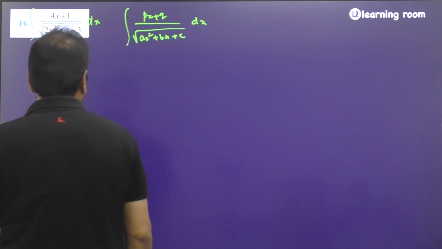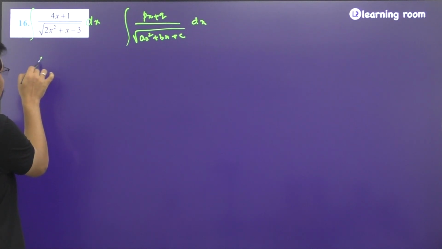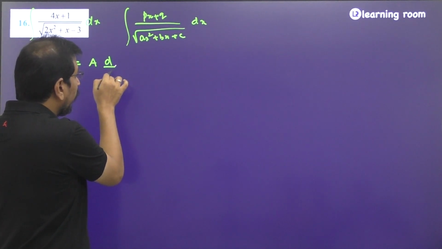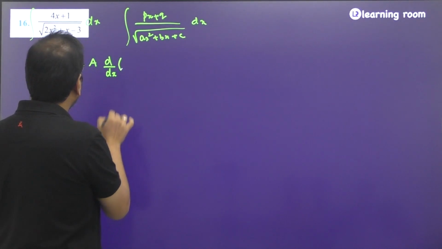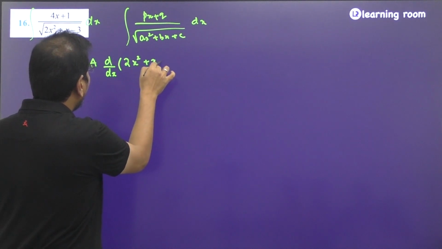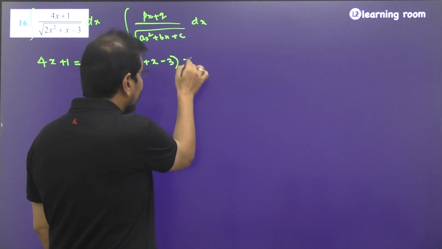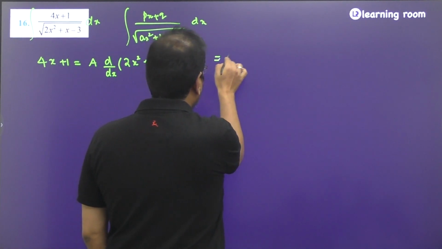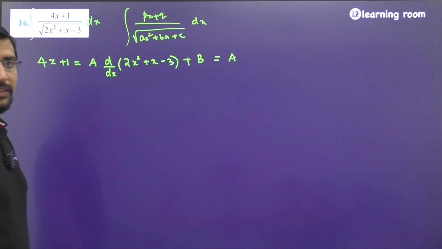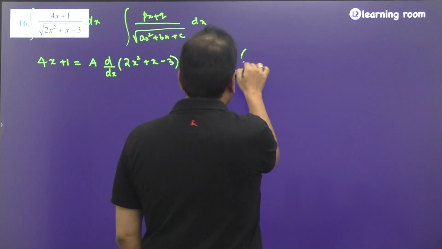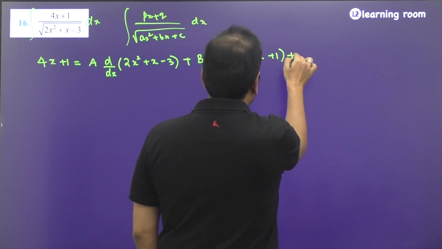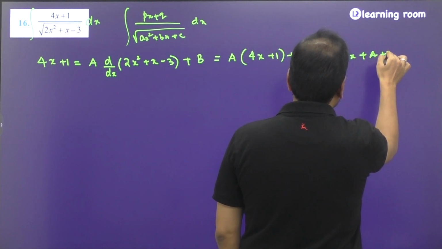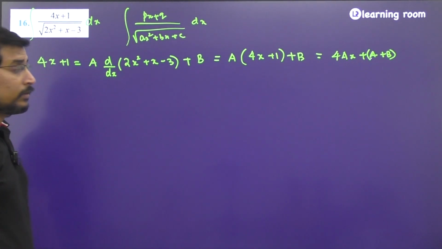So what you can do is write px plus q, that is 4x plus 1, is equal to A into d by dx of (2x square plus x minus 3) plus capital B. Equal to how much? A into, what is the derivative of 2x square plus x minus 3? A into (4x plus 1) plus B, or this will also be equal to 4Ax plus A plus B. Can I write it like this?